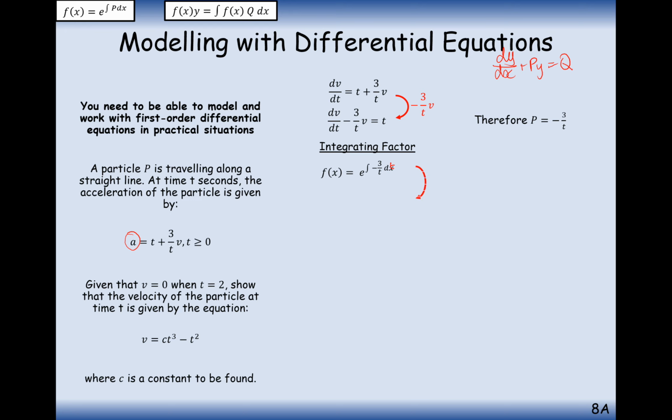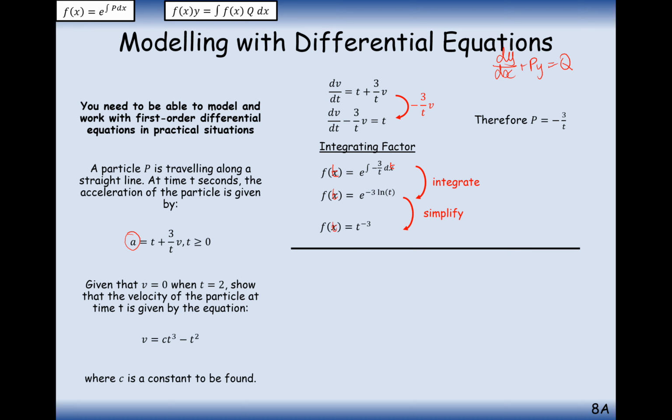Integrate it, and we get minus 3 ln t. Then put the minus 3 inside the ln using that rule of powers, and cancel out the e and the ln, and we get t to the minus 3. So this is our integrating factor, f of t.